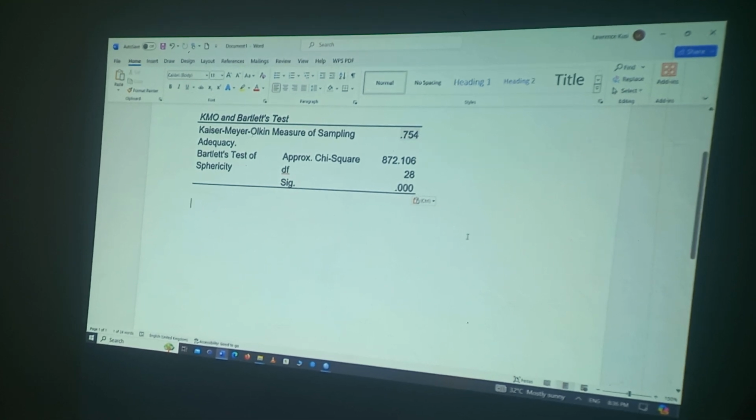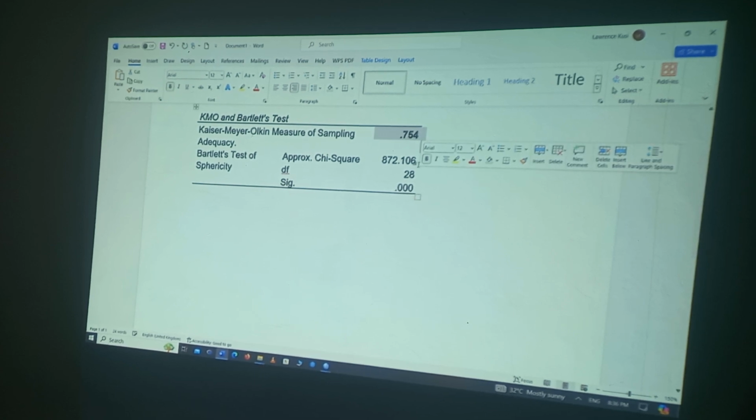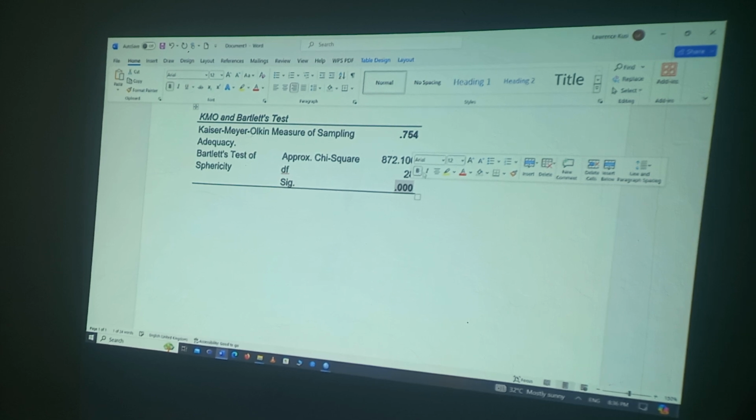Okay. So once our KMO assumption has been met, we see that our sample size is adequate. Let's go to Bartlett's test of sphericity. What is the sig value? It should be significant. So is it significant or not? Significant. Okay.